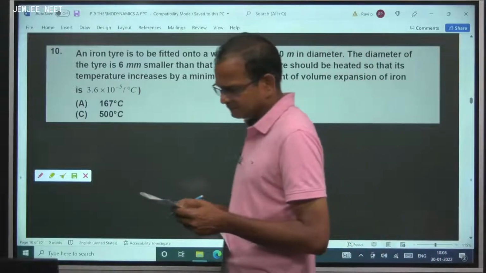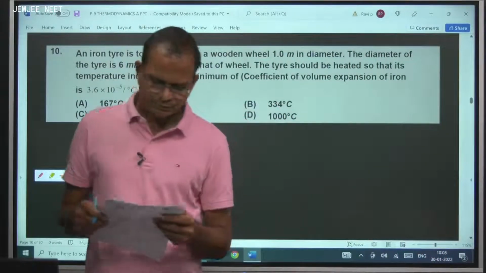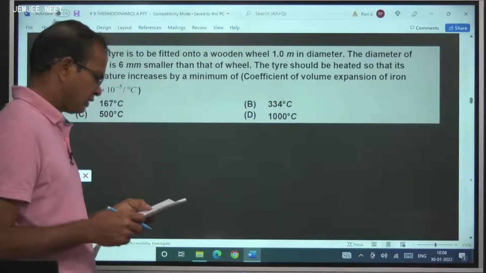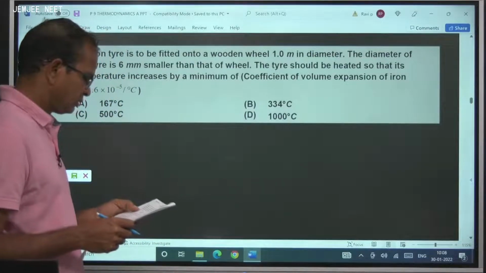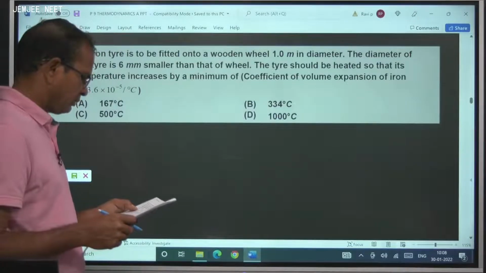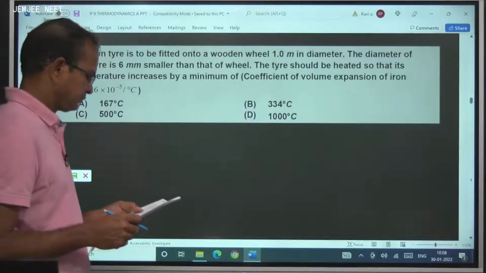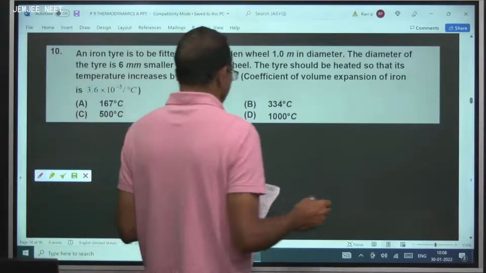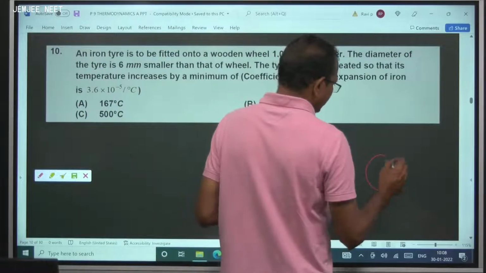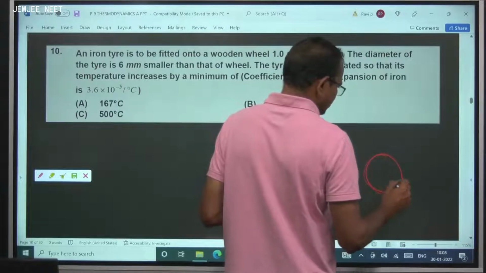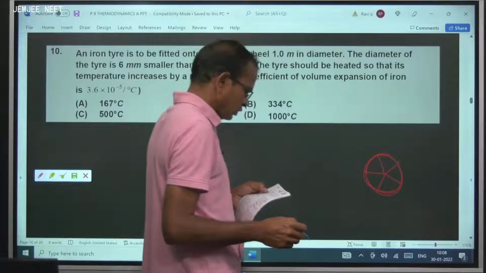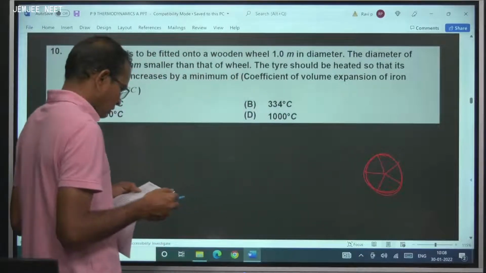The tire should be heated so that the temperature increases by minimum. Coefficient of volume expansion is given. It's a wooden wheel, like a bullock cart.